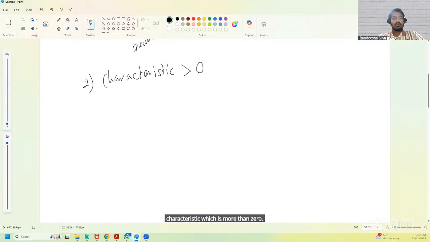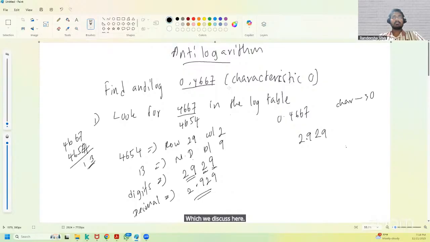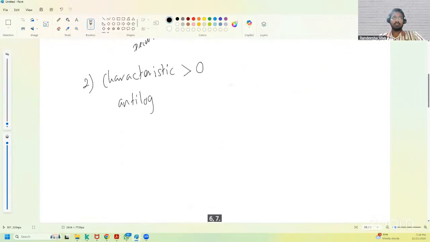For the same antilog which we discussed here, 0.4667, now I'm going with antilog 2.4667. The first part is we have to forget about this characteristic.